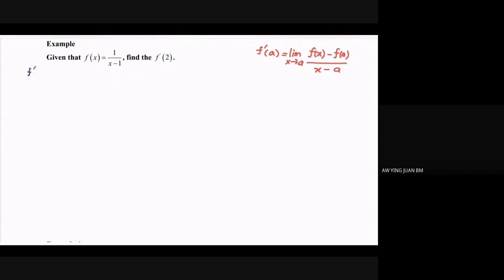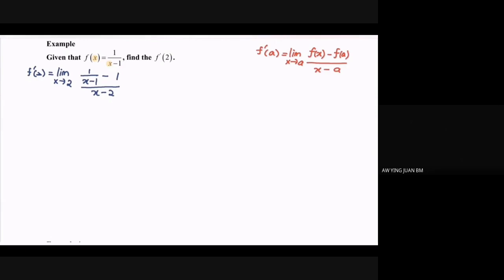So f prime 2 is equals to limits when x approaching 2 for the function 1 over x minus 1 minus fa. In this case, the a is 2, so we have to substitute 2 into x. We will have 2 minus 1, which is equals to 1. So here we are going to write 1 over x minus 2.